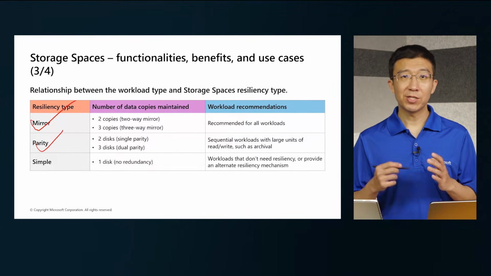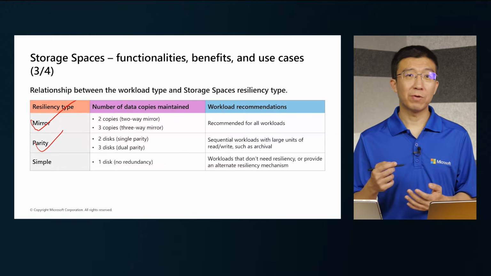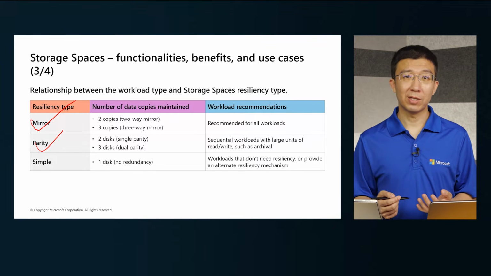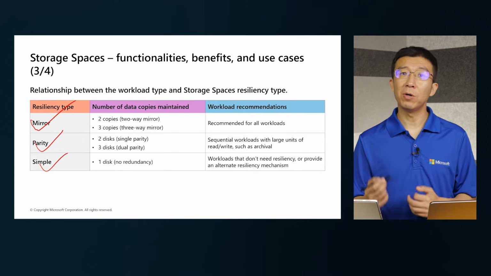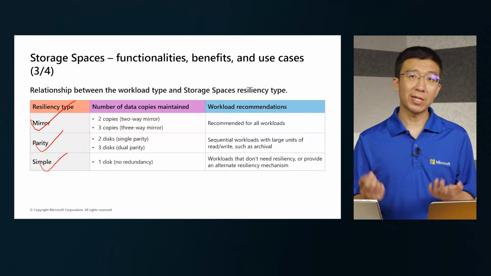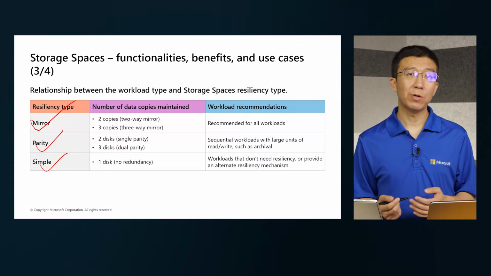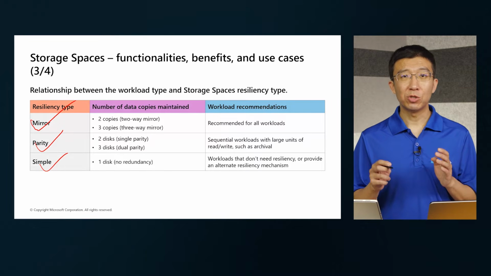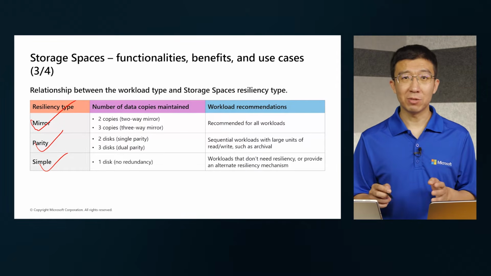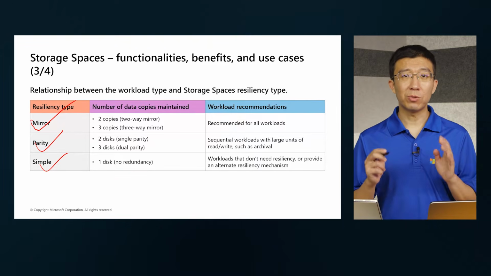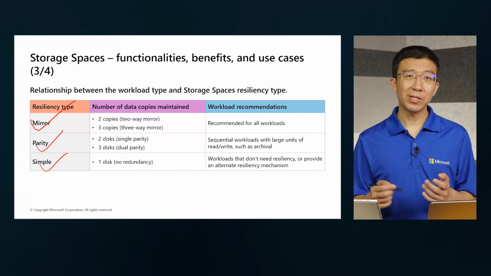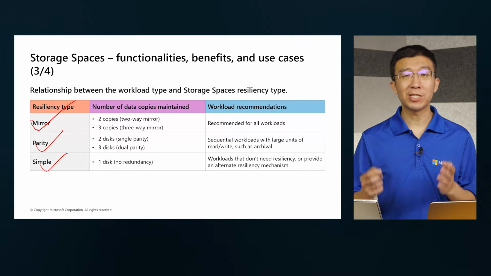It uses single or dual parity for sequential workloads, like archives. And finally, simple. There is no redundancy. It is suitable for workloads that don't need resiliency or have their own protection. Choosing the right resiliency type depends on your workload and the protection needs.